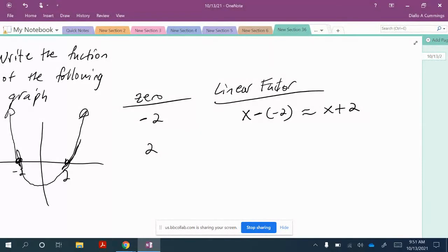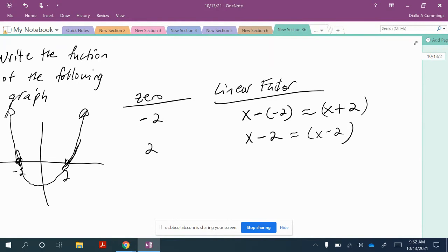Now I want to convert +2 to a linear factor. So I'm simply going to go back to the model form. The model form of a linear factor states that it's x minus the constant, or x minus c. In this case, the constant is 2. So we have our linear factor x minus 2. All right, so we've taken the zeros and we've converted the zeros to linear factors.